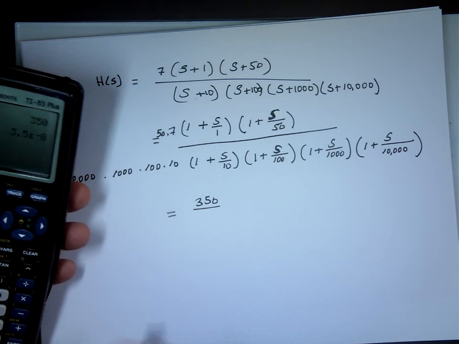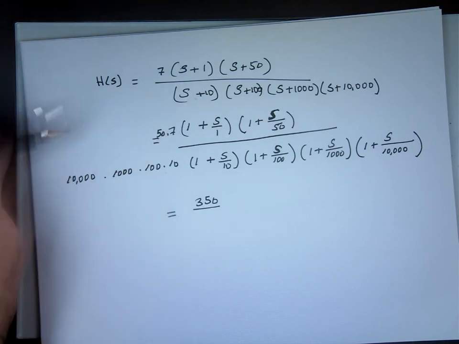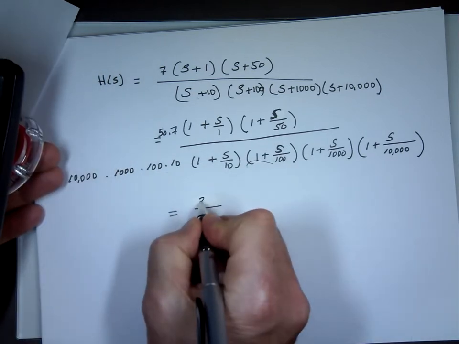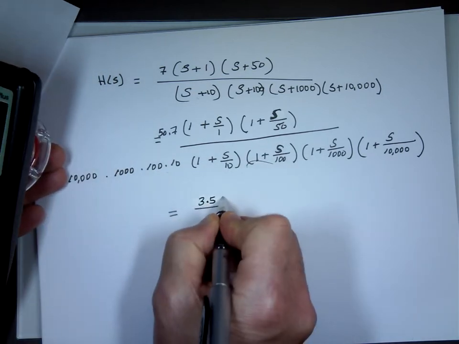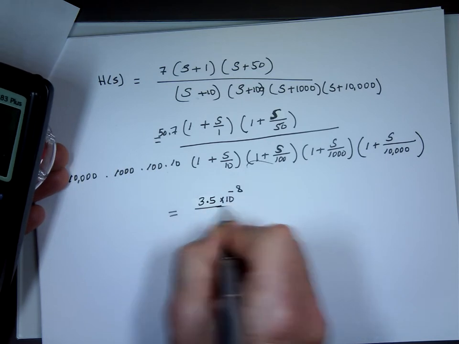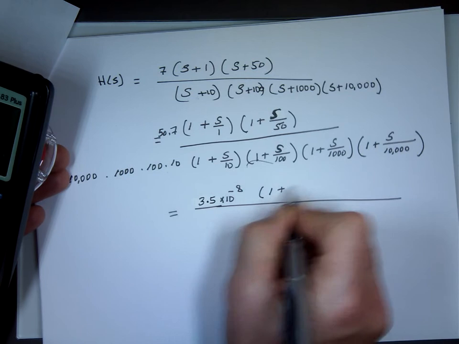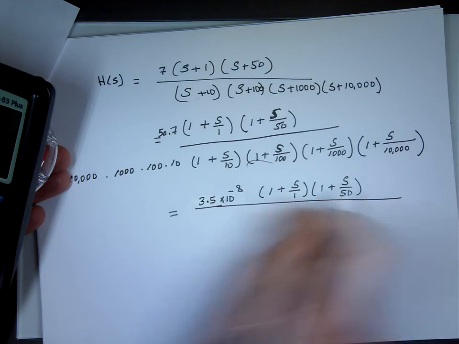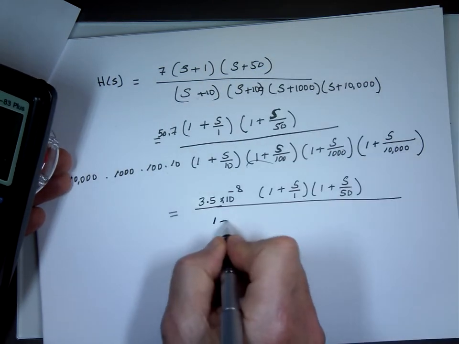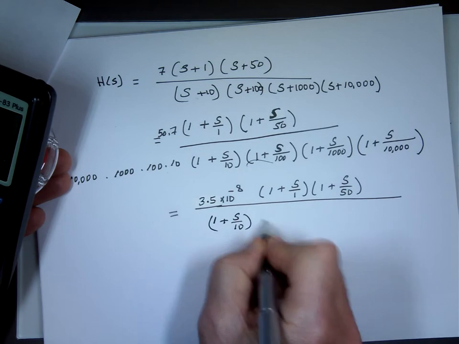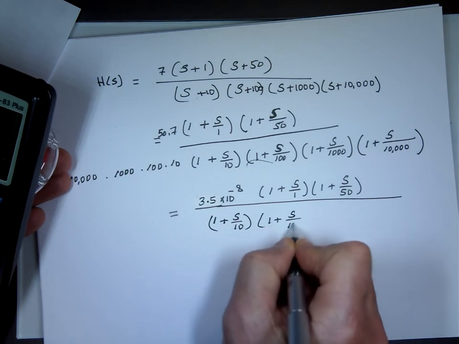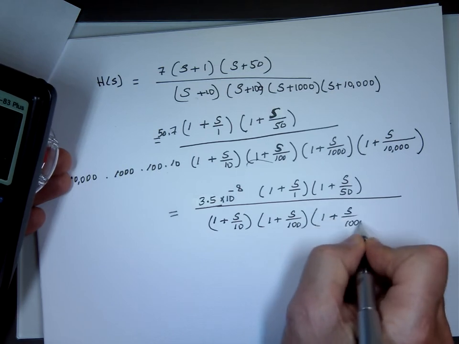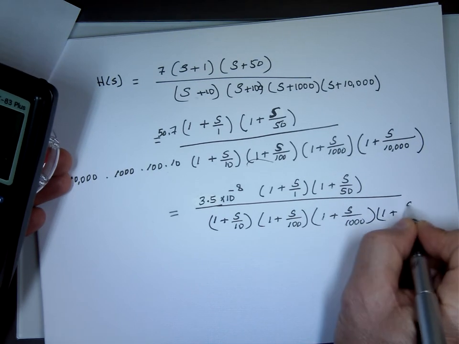That's going to be 3.5 times 10 to the power of negative 8, if you clean it. If you're lucky, they give you the expression like this, so you don't have to do all this extra math. One plus S over 10,000.